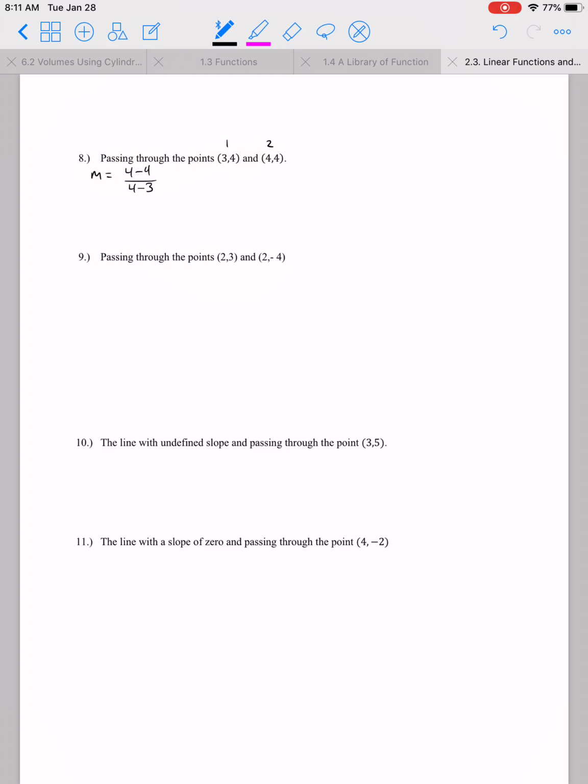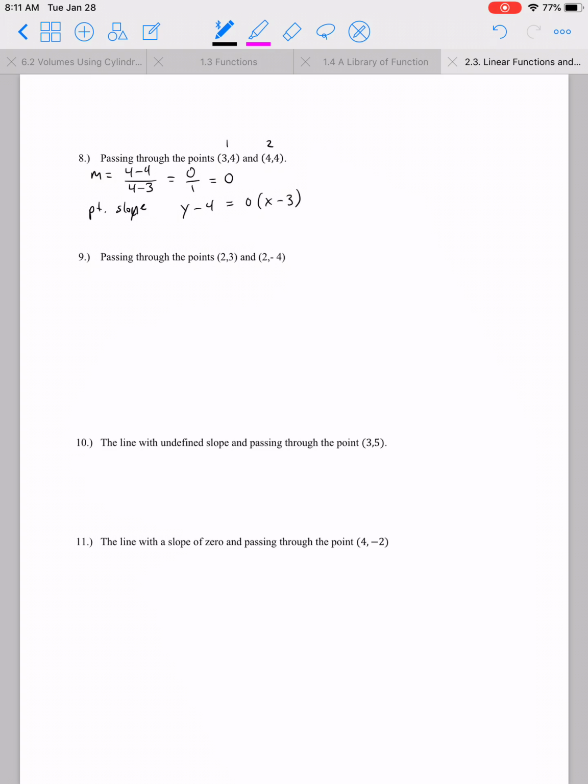And so 4 minus 4 is 0, 4 minus 3 is 1, but this equals 0, which means we have a slope of 0. So if we do the point slope form, we're going to end up with, just pick either point, I'll pick point 1, y minus 4 equals 0 times x minus 3.